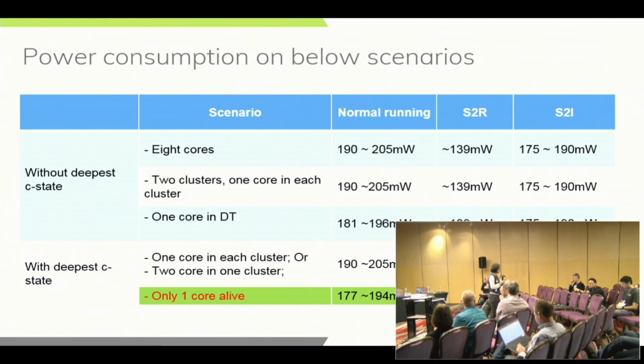So that means that for suspend to RAM, the power controller only needs to handle the case that CPU 0 is the last man and the first man. But for suspend to idle, the power controller needs to handle every CPU as possible.